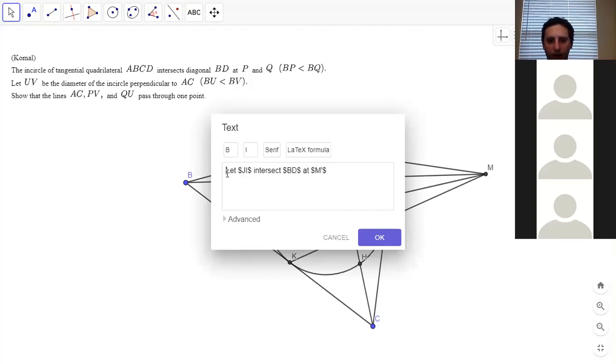So I'll just say label the tangency points as shown.